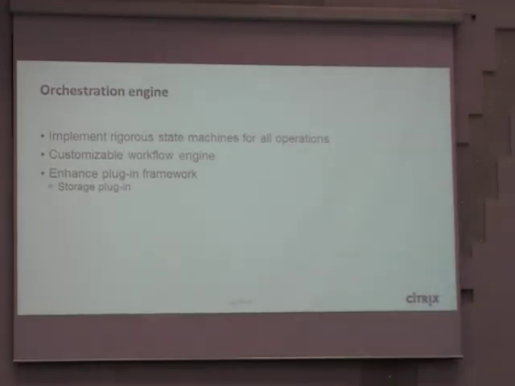That involves fairly sophisticated state management. Right now, that state management has been implemented in certain operations, but not other operations. So I think we have to improve the state management implementation for all operations inside the cloud orchestration engine, and that would involve some more work.